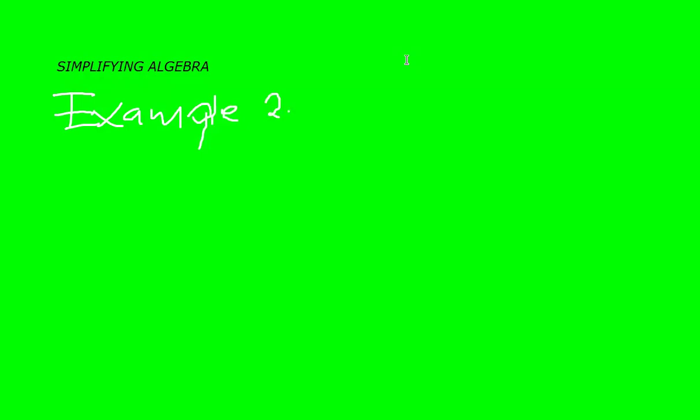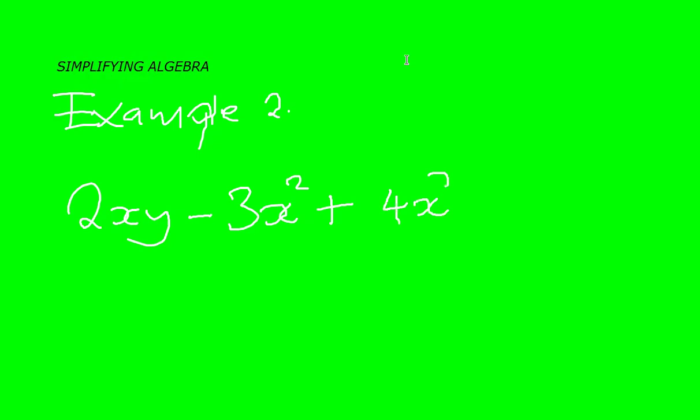Now, let's say you have 2xy minus 3x squared plus 4x squared minus 11xy.